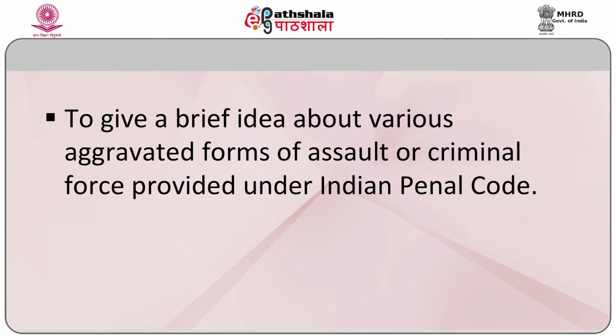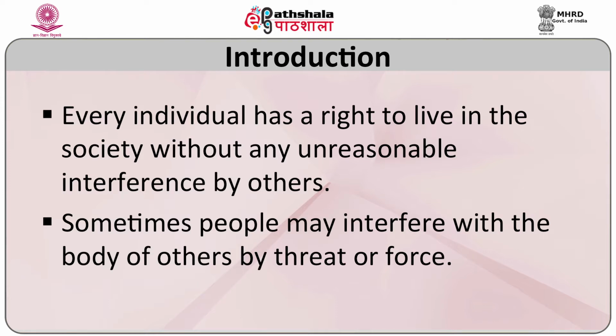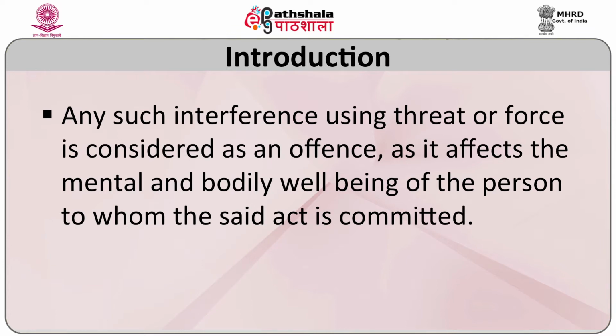Now, every individual has a right to live in this society without any unreasonable interference by others. However, sometimes people may interfere with the body of others by threat or force. Any such interference using threat or force is considered a criminal act, as it affects the mental and bodily well-being of the person to whom the said act is committed.